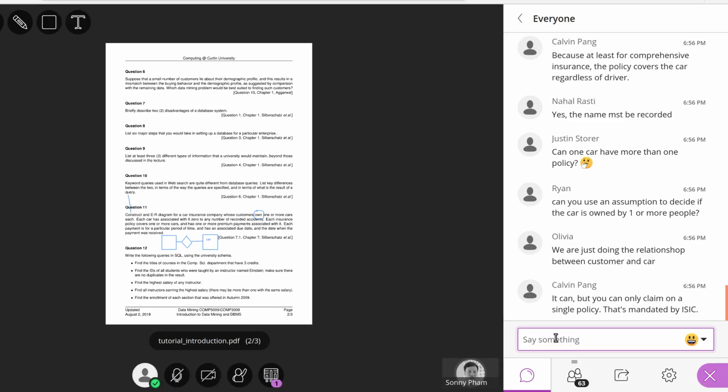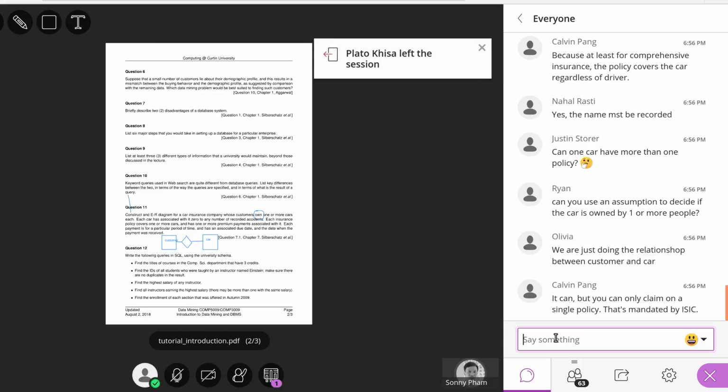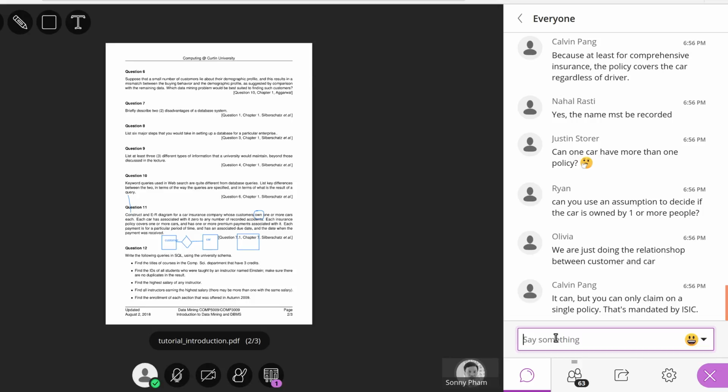Definitely there's another table to do with policy, and then there's some relationship between cars and policy. The policy covers the car, right? But as far as the database is concerned, in terms of the implementation, you need to somehow record the customer somewhere in the database, don't you?